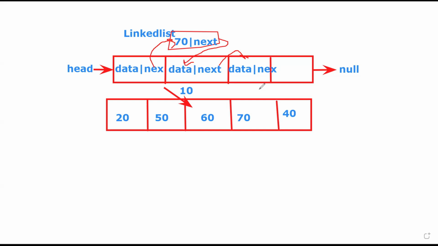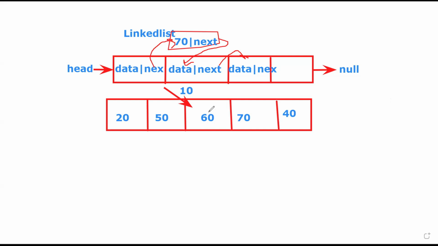Insertion and deletion is super easy because if you want to delete, you just have to remove these pointers and this will point to this. That's it. So insertion or deletion is super easy in linked list, whereas insertion and deletion is very much time consuming in array list. That's one of the differences.